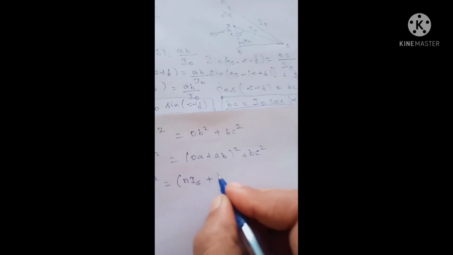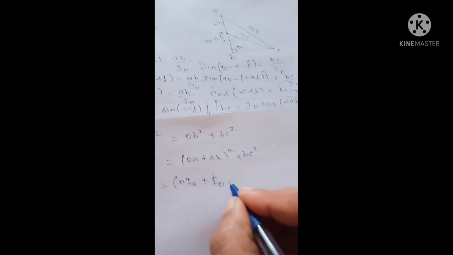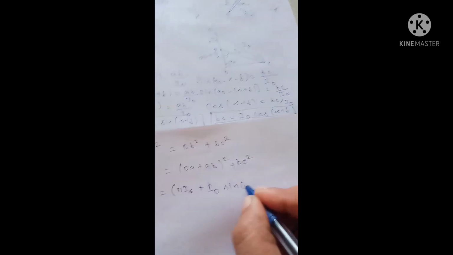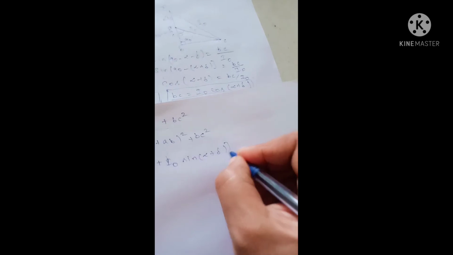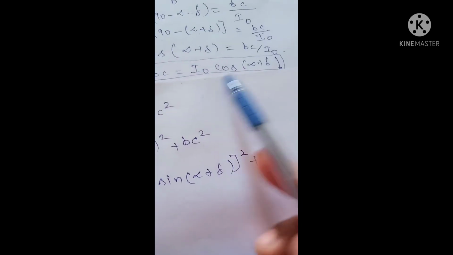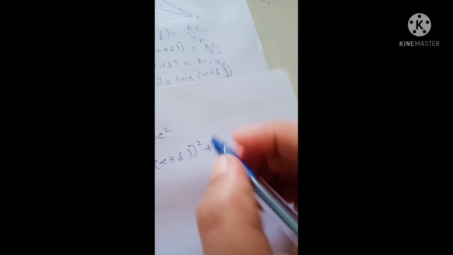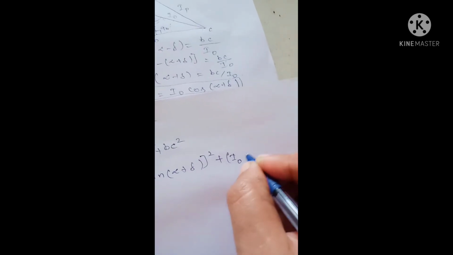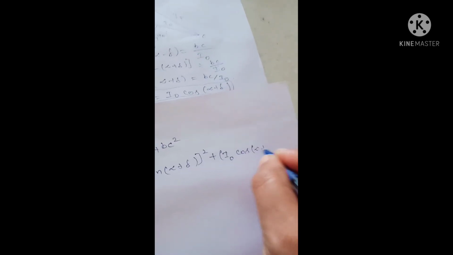So in place of AB, I am replacing it as I naught sine of alpha plus delta the whole square, plus what is BC? Here we have BC square. We have derived BC is nothing but I naught cos of alpha plus delta. So I naught cos of alpha plus delta the whole square.